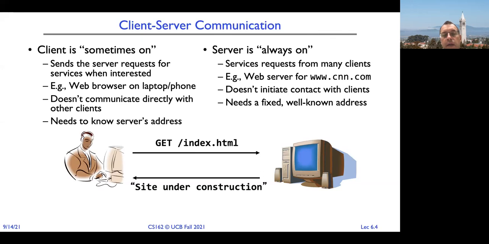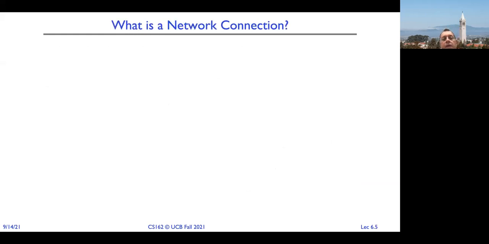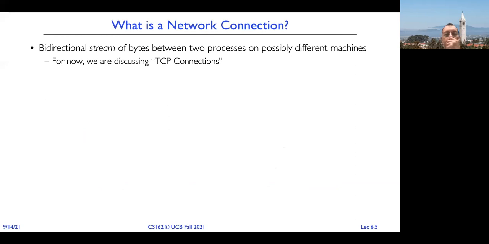And like we said before, when the server gets a request, it's going to send something back, hopefully answering according to the user's expectations. So again, we need to send data over the network.